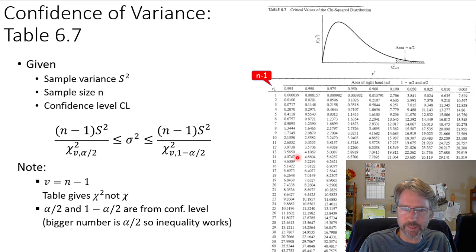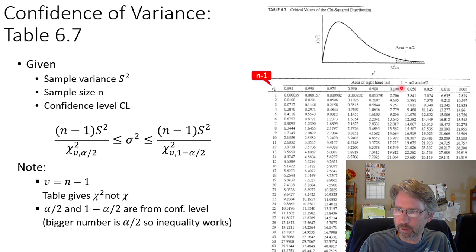It's already squared in the table. And then alpha divided by 2 and 1 minus alpha over 2. Remember, alpha is 1 minus the confidence level. So if you have 90% confidence, alpha is 0.1, alpha over 2, 0.05. So this is 0.05, that's the 90%. 1 minus alpha over 2 is going to be 0.95 right there.